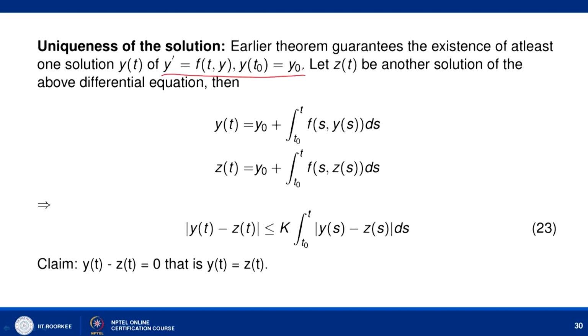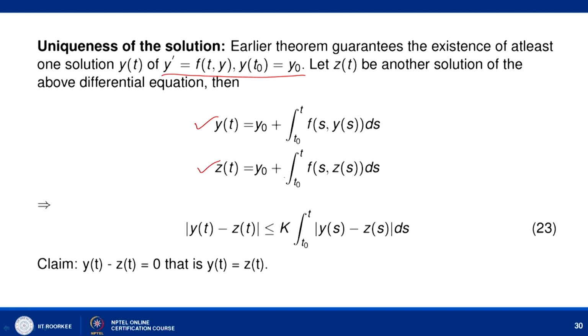Now to show that it has a unique solution, let us assume that we have one more solution, call it z(t). So let z(t) be another solution of the above differential equation. So it means that y(t) is a solution, meaning this equation is true, and z(t) is a solution, meaning this equation is also true.